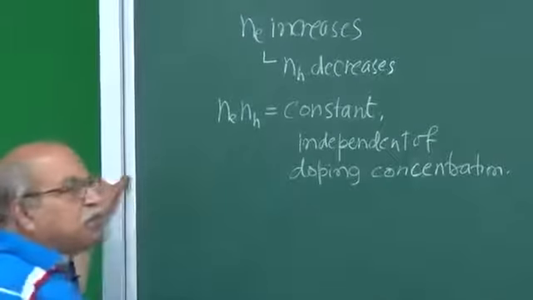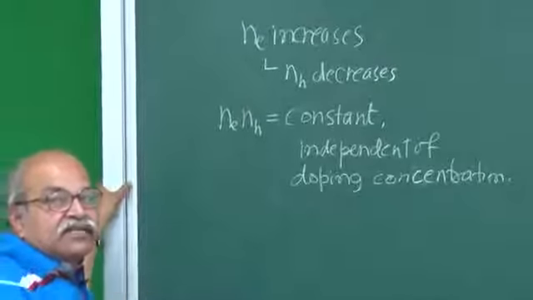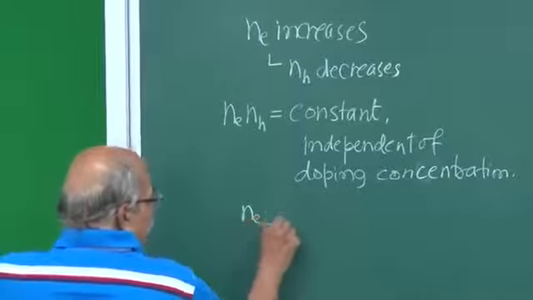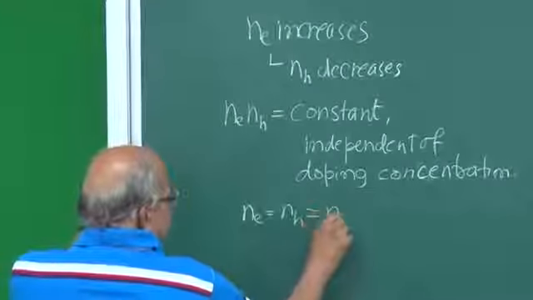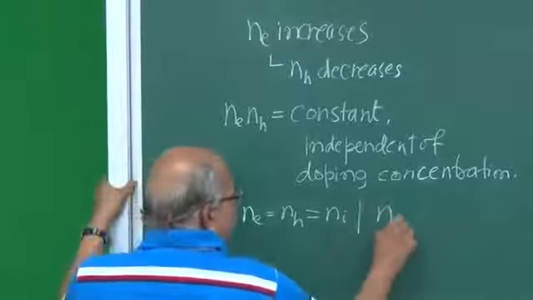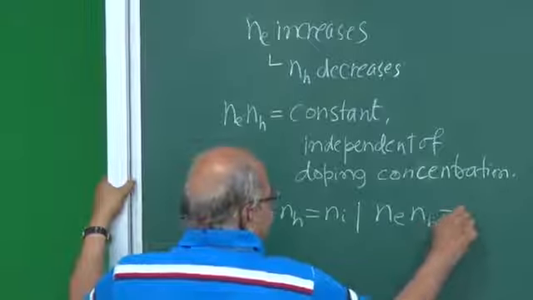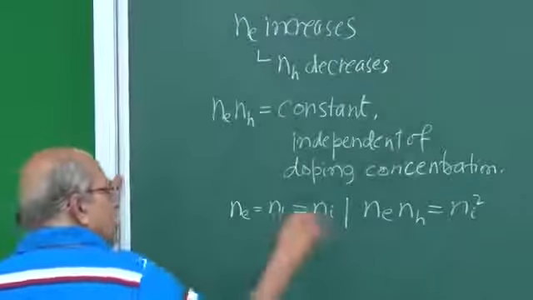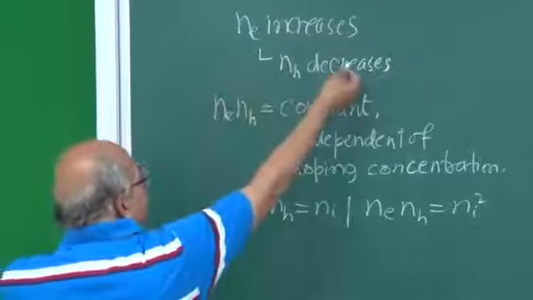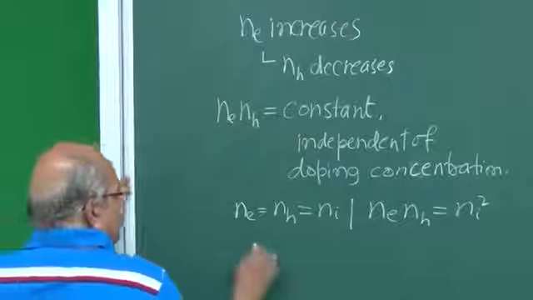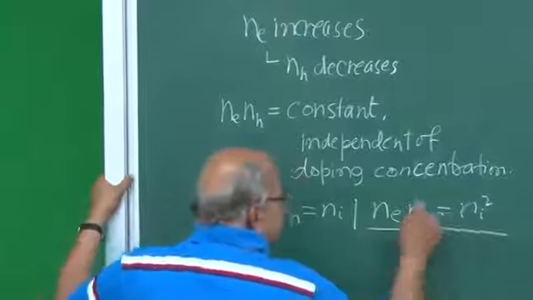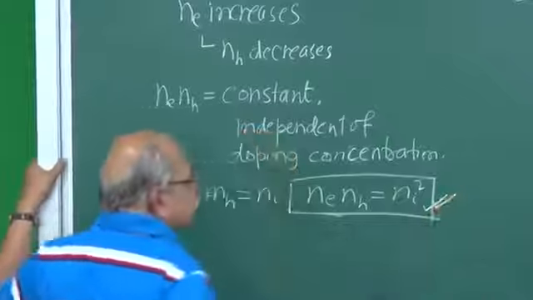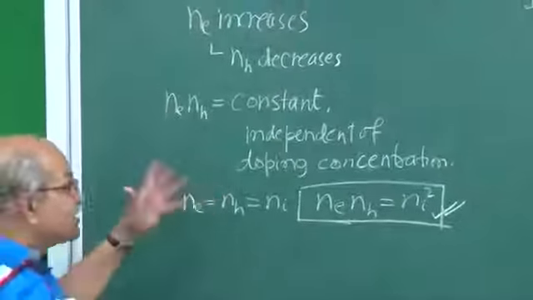If you do not dope and leave it intrinsic, then Ne is equal to NH, and we write it as Ni. So Ne into NH is Ni square. When you dope, Ne has gone up, NH has gone down, but this relation still holds. This relation still holds for intrinsic or extrinsic.